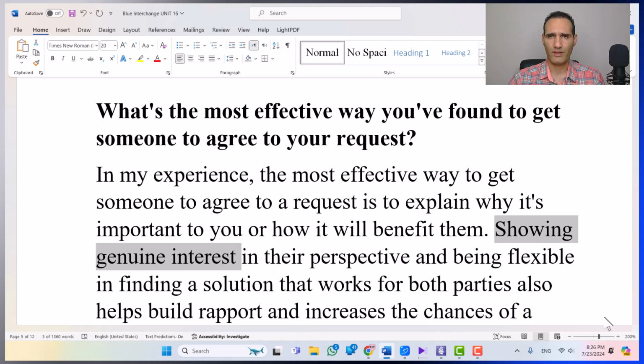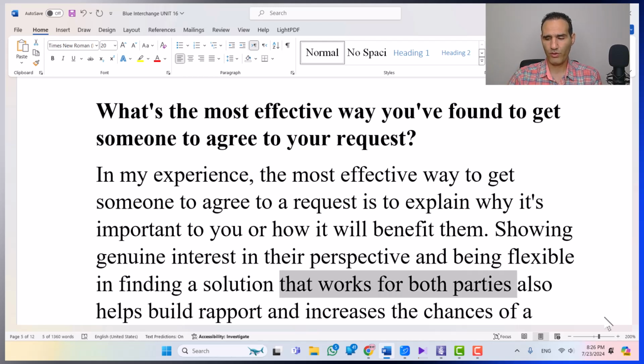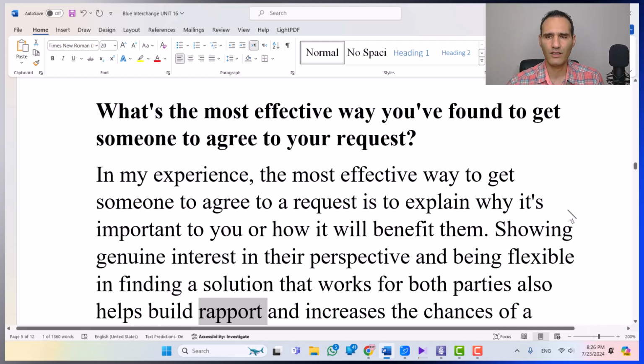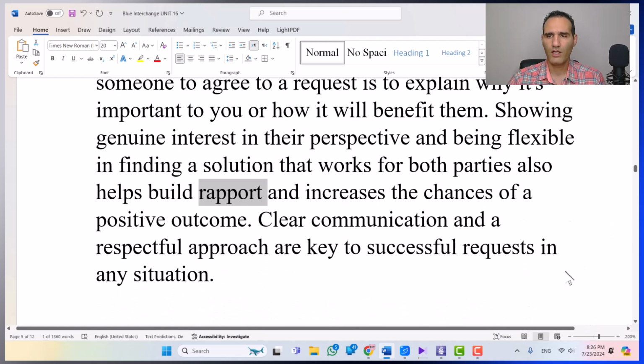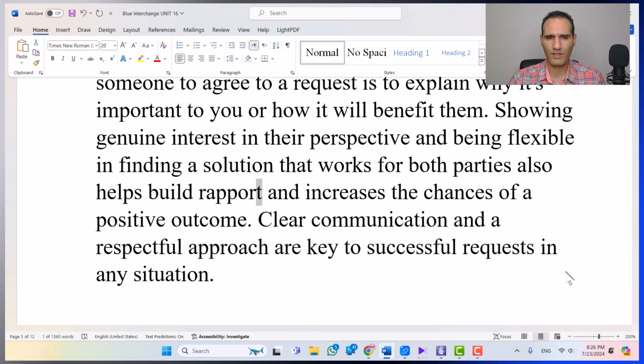Showing genuine interest, true, honest interest in their perspective, in their viewpoint, and being flexible in finding a solution that works for both parties, both sides, also helps build rapport. Rapport means a friendly feeling between two people. So helps build rapport, build a friendly feeling. And this T is not pronounced at the end. It is called rapport. Build rapport, friendly feelings, and increases the chances of positive outcome.